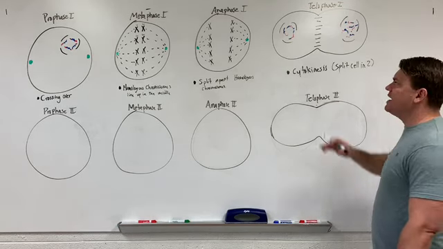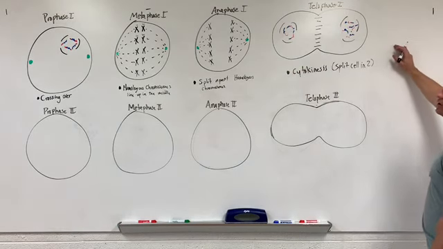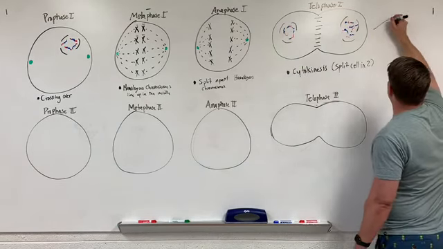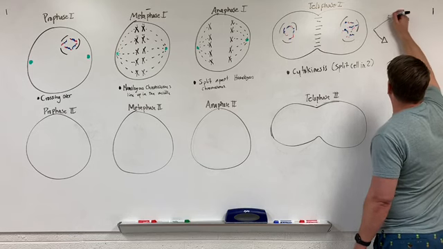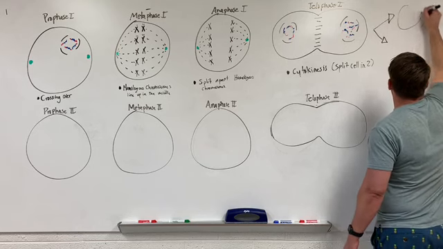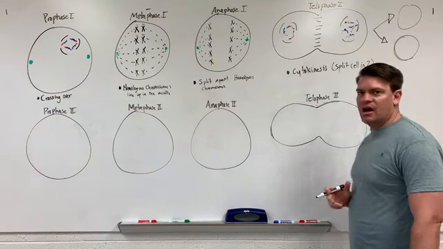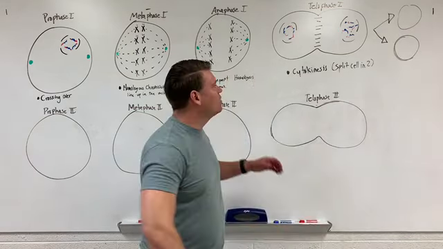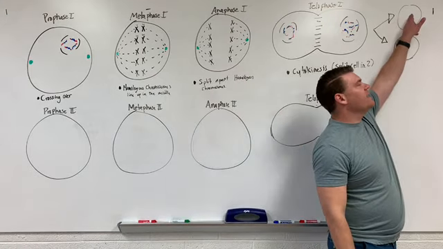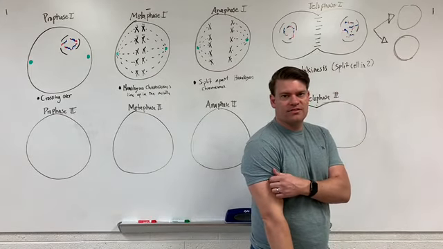And so at the end of our first round of meiosis, we're going to end up now with 2 cells. All right? Now, how many chromosomes will be in each one of these 2 cells?